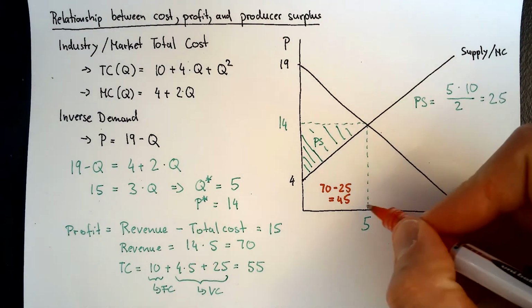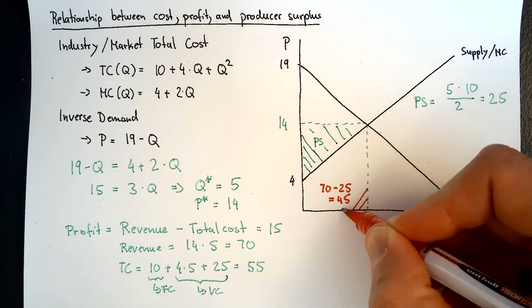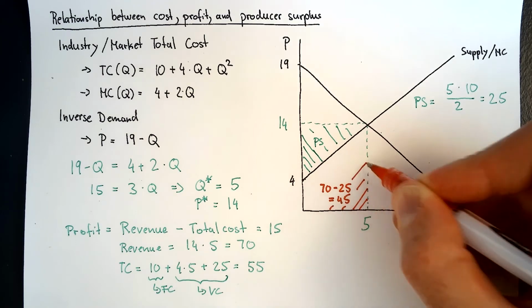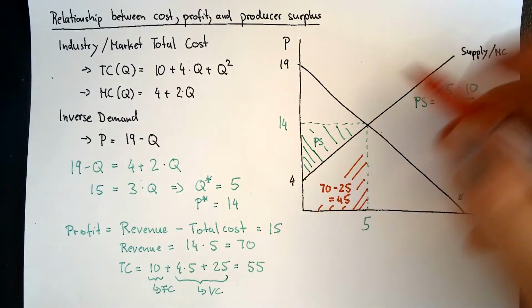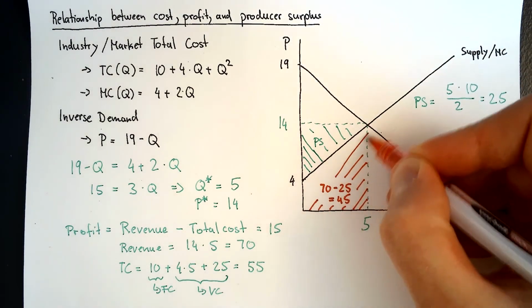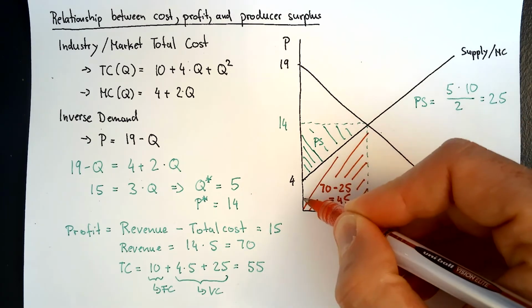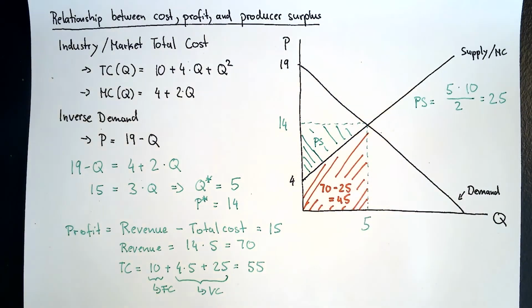So this would be the area underneath this curve, okay, or underneath the supply function, is 45.